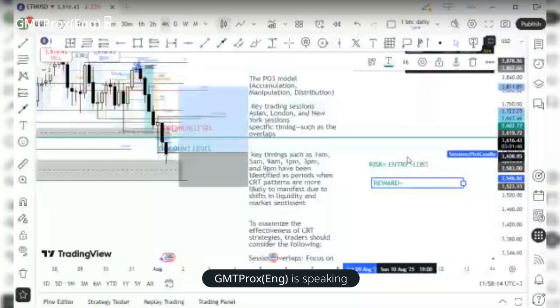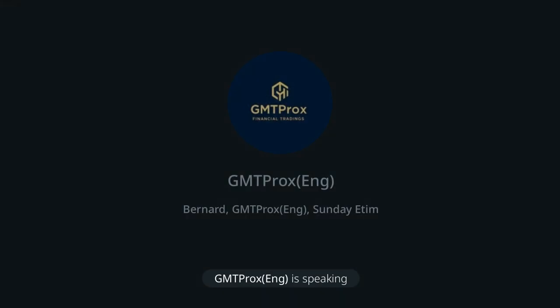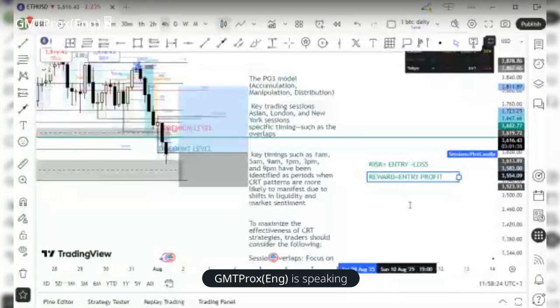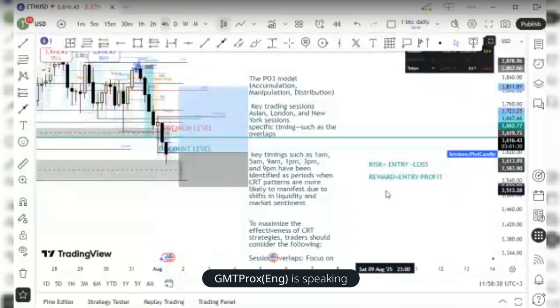To get the risk-reward ratio, I will just take my risk and divide by my reward, and then I will know the ratio. But 1-to-2 is very good, and 1-to-3 is very good. But as a starter, go with 1-to-2, and get out.